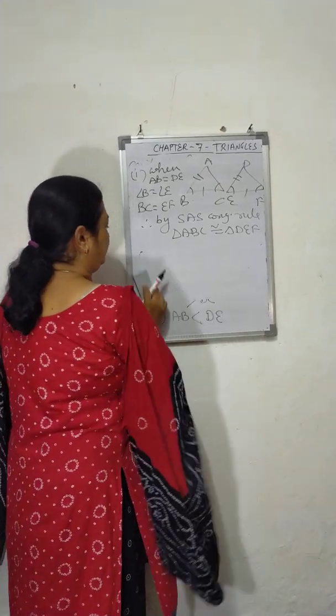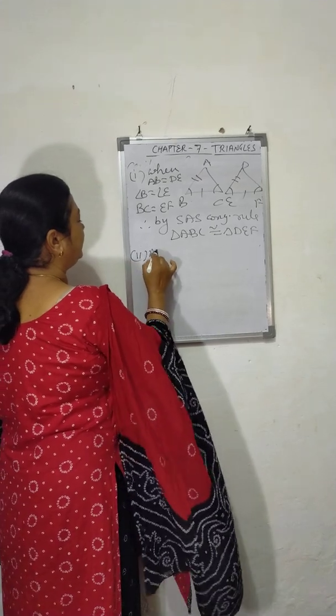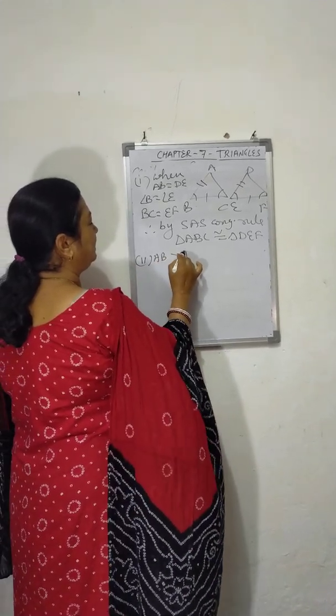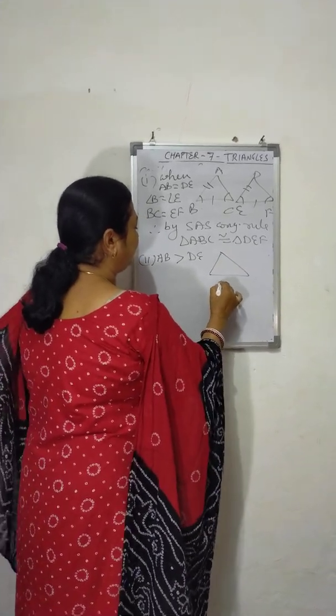Now, the second condition, as I told you, may be AB is greater than DE. Suppose AB is given greater than DE.